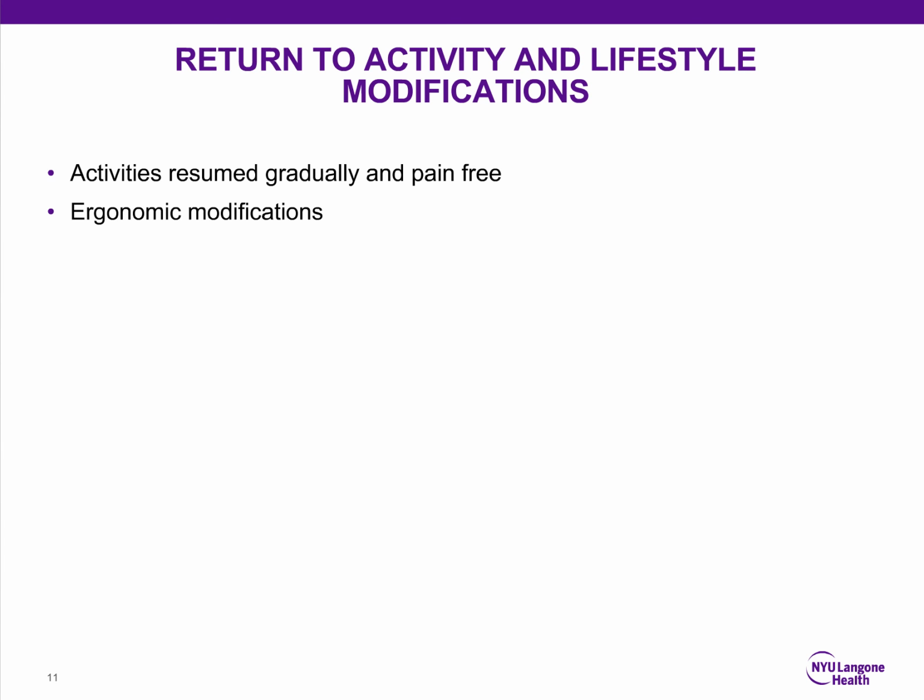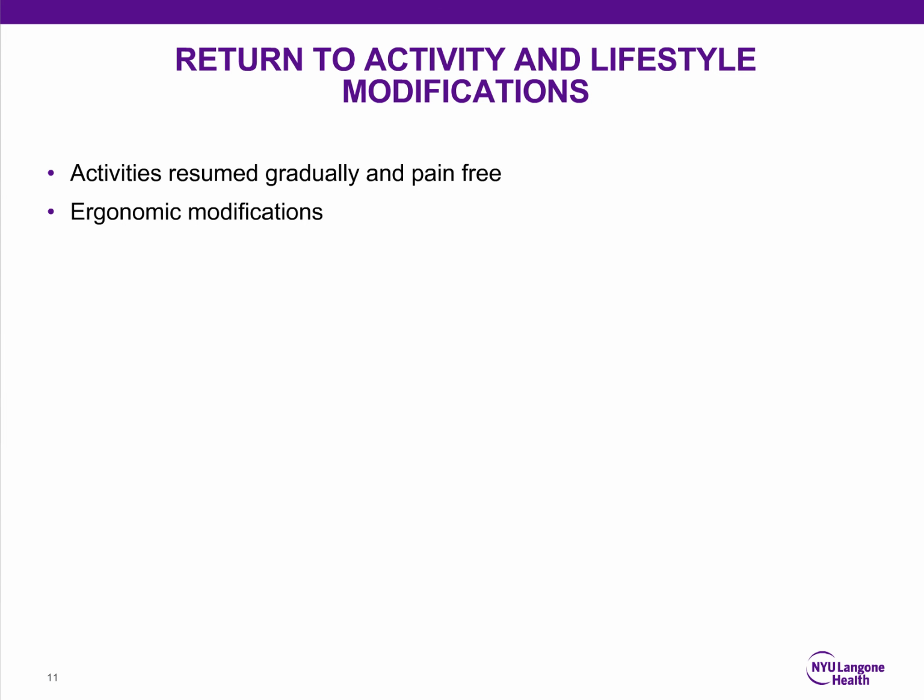Finally, we have the return to previous level of activity and lifestyle modifications. Patients are recommended to resume the activities gradually and in a pain-free manner. We may have some step backs during the treatment, so they need to know that they may need to wear the splint again, or stop some activities, or decrease the amount of repetition for the exercises.